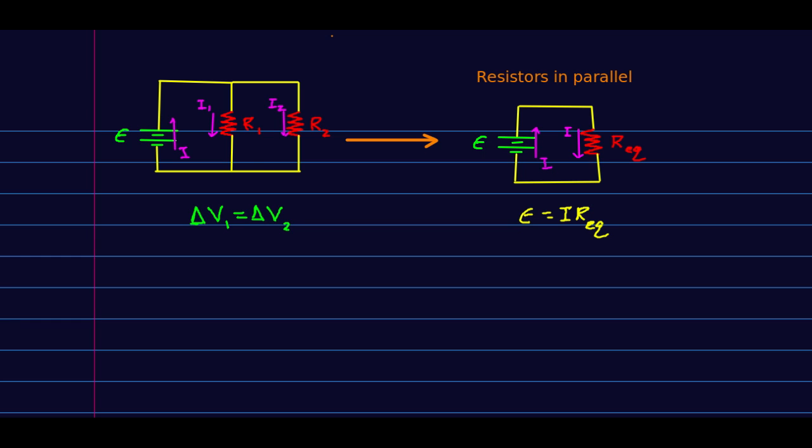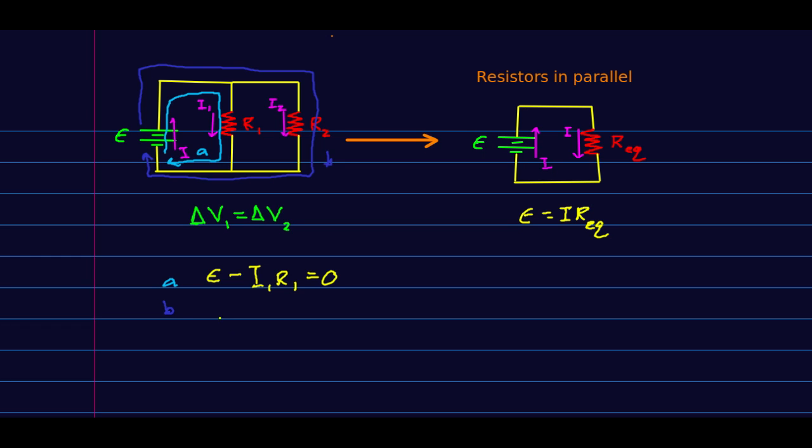So again, I'm going to think about loops, but now I have 2 loops. So here's loop A, and I can also think about a loop B, and I can write down the loop law for each of them. And they're just going to be that I go up epsilon, and then I come down I1 R1, and that's 0.